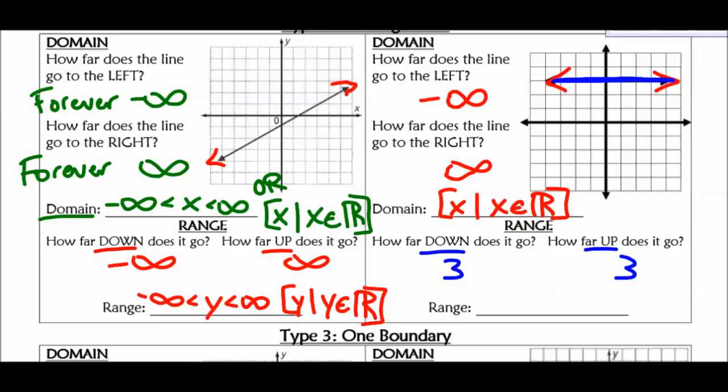You could just write y equals 3, or I'm going to write it, this is just a nicer math way to write it, y exists such that y equals 3. We're talking about it as y and x because this is the range, this is the domain. So you have to make sure that you're labeling it with the correct variable. Otherwise, it's not really clear if you're talking about domain and range.